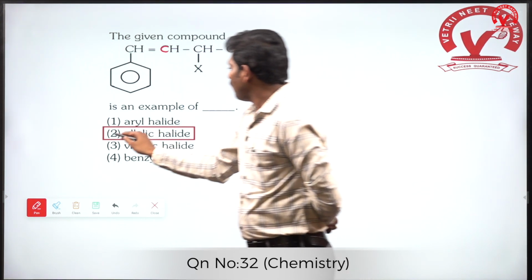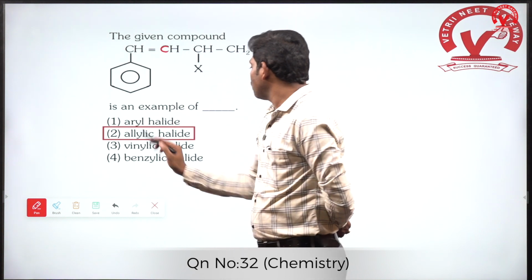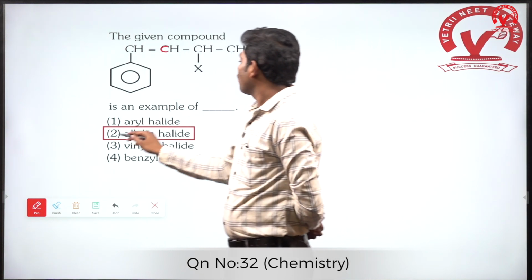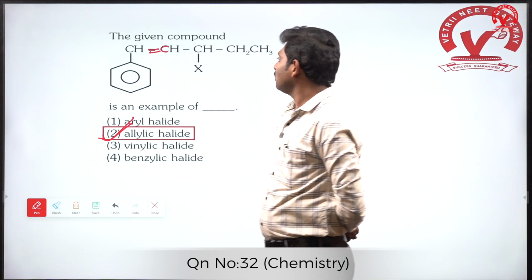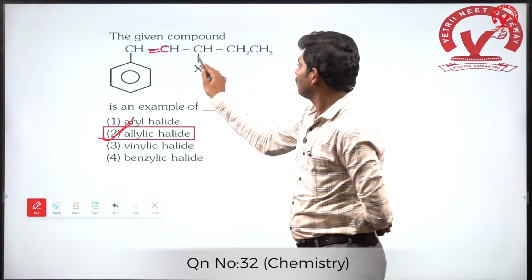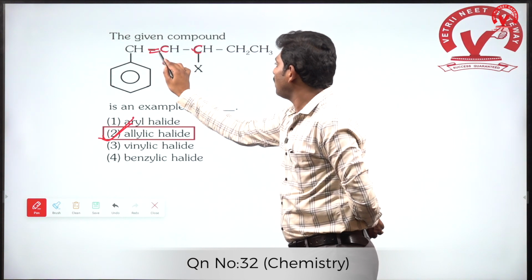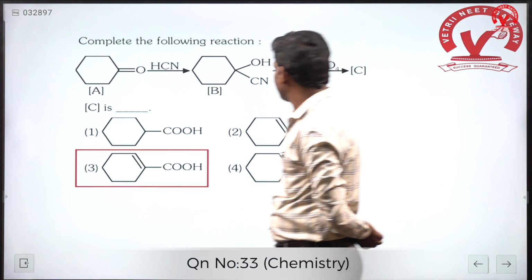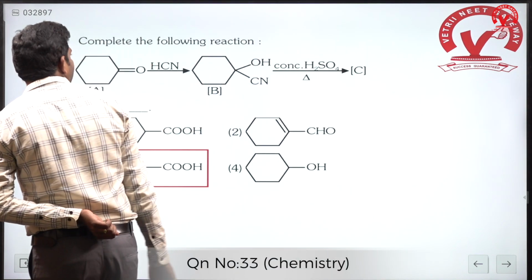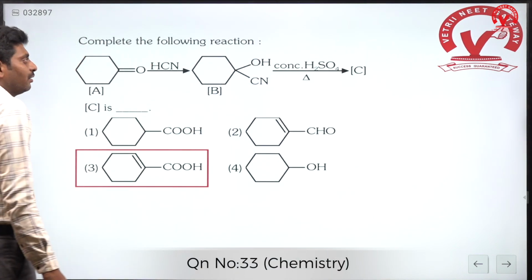Next to a benzene ring means benzylic carbon. So it is an allylic halide because the double bond is next to the carbon. This one you can see. So complete the following reaction.